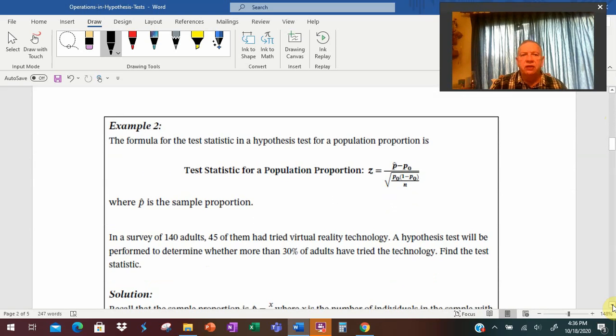For proportion, if I do a hypothesis test for population proportion, I do the very same thing. I give a statement, complement, assign H0, H1. HA, the H1, tells us if I'm a left tail test, a right tail test, or two tail test. And then I go get a sample. The p-hat is from the sample. That's the sample proportion.